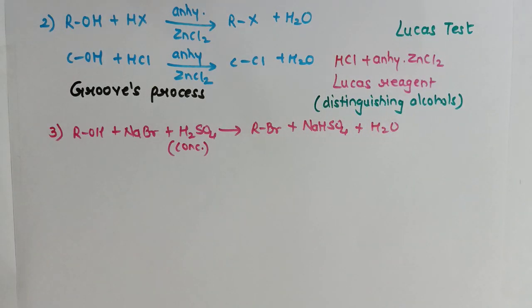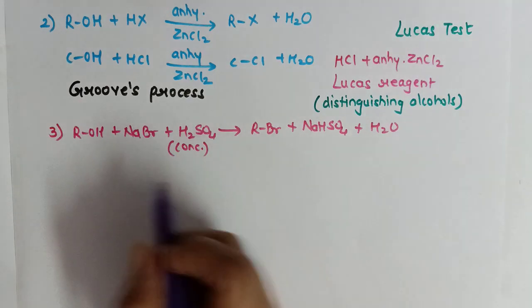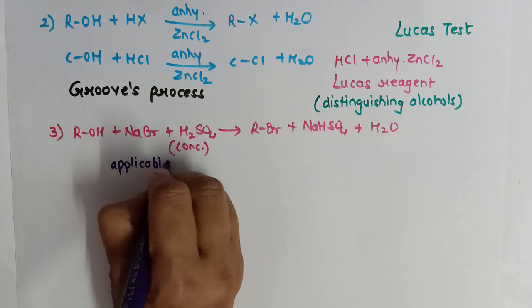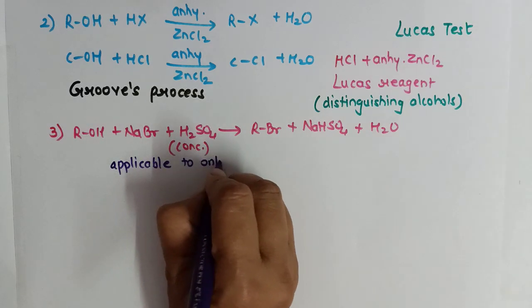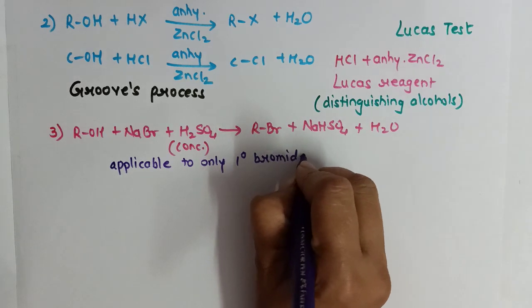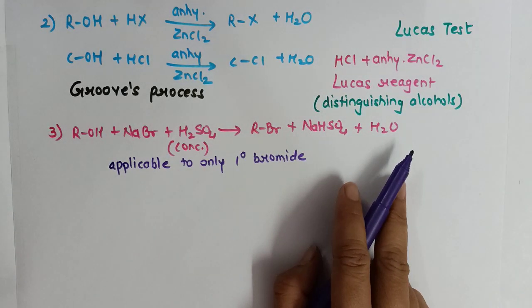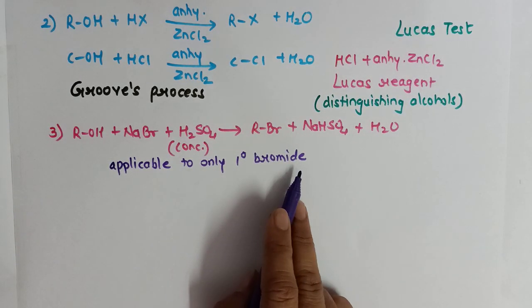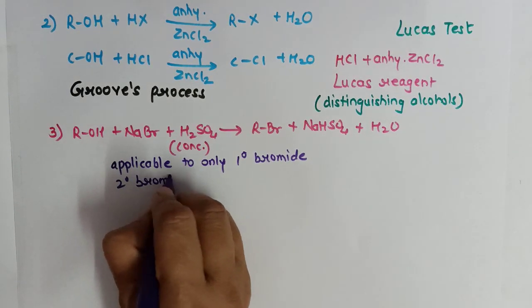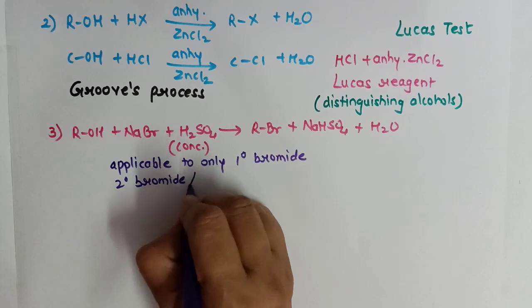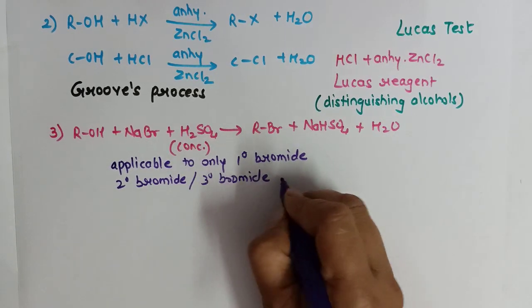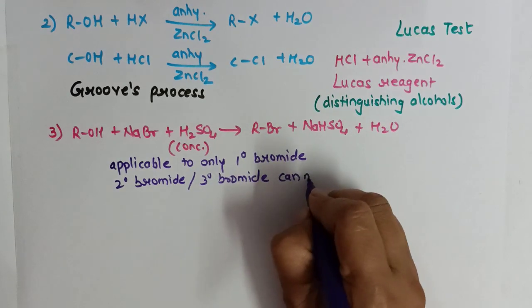But we have to remember that this reaction is applicable to only 1 degree bromide. That means this reaction we can use for the preparation of only 1 degree bromide. 2 degree bromide or 3 degree bromide or iodide cannot be prepared by this method.